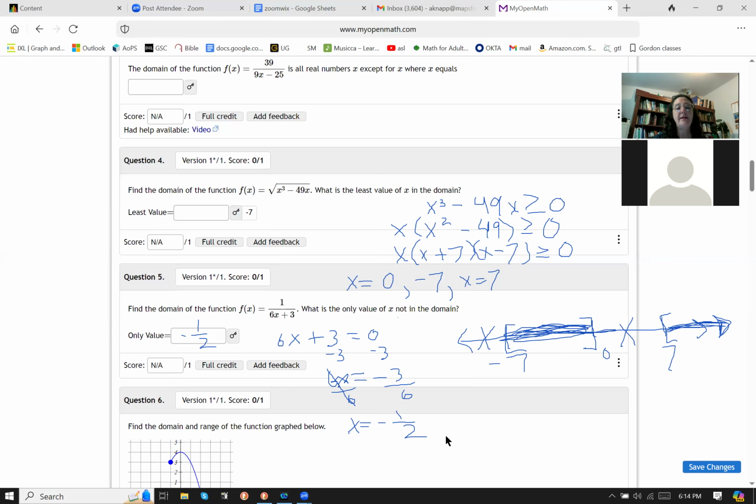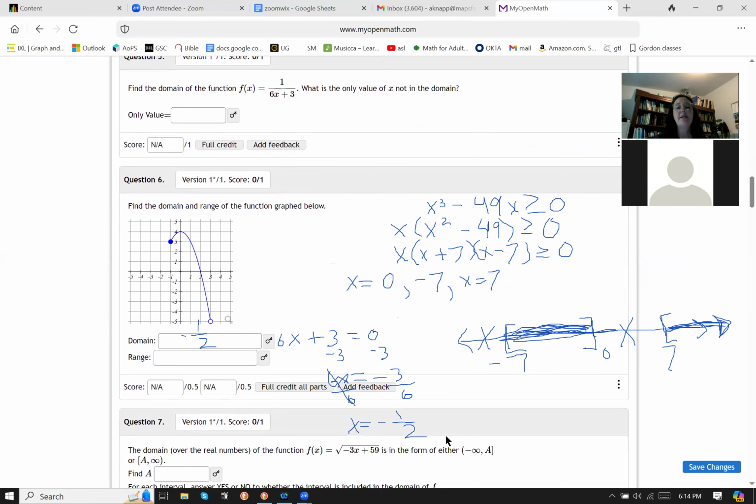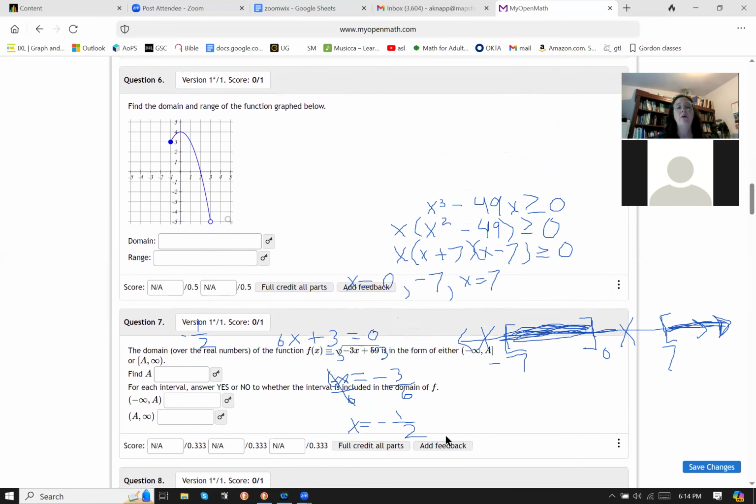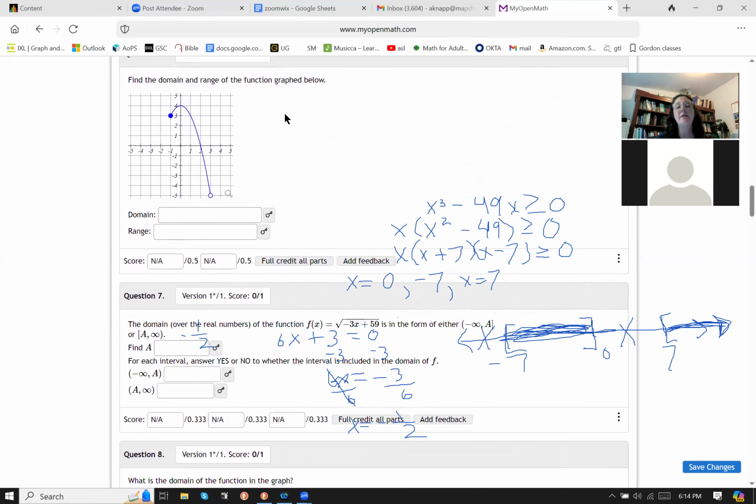Okay, now finding the domain and range on number 6, we're just looking at the graph and we see the possible X values start at -1, because that ordered pair is -1, 3. The X value of that ordered pair is -1.